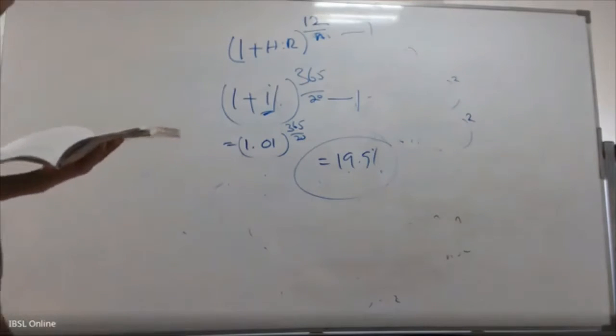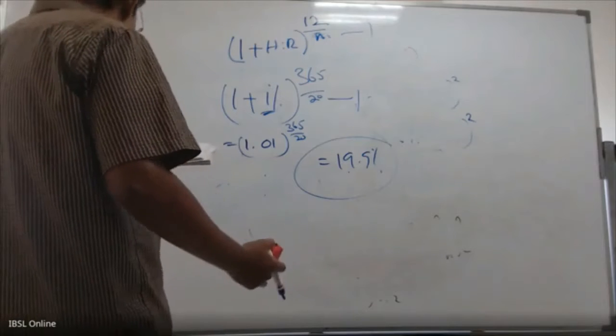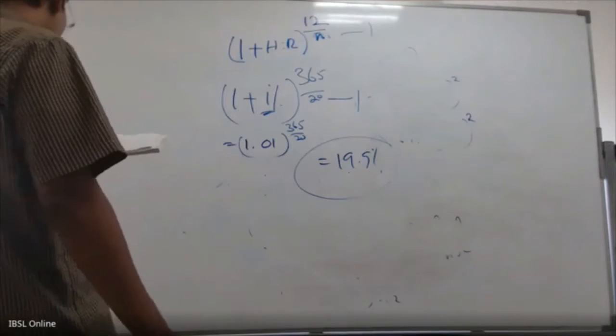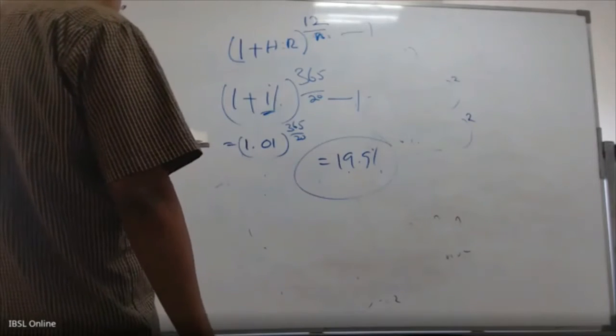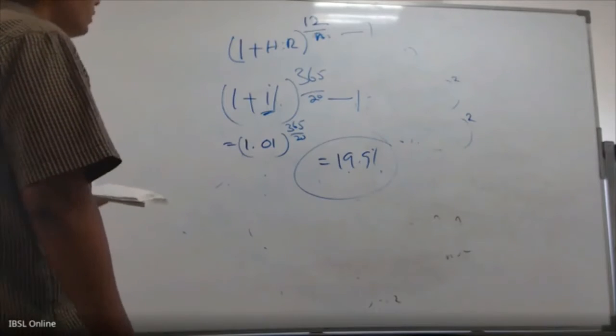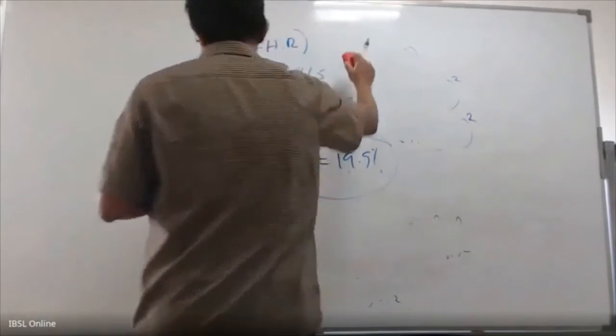Now here, an investor earns a return of 200% during a 5-year period. What is the annualized return? So how do you find that? That's slightly different.